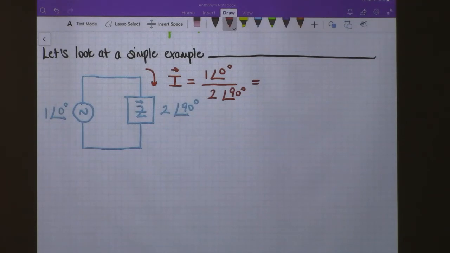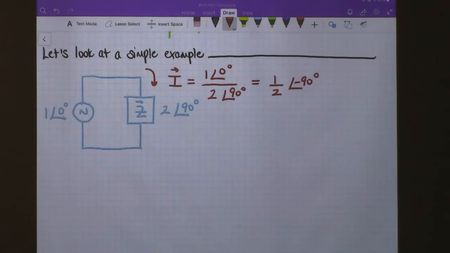Now, in a second, we're going to spend some time talking about how to do the math with these complex numbers. Does anybody know what 1 angle 0 divided by 2 angle 90 equals? Have you worked with complex numbers in any other courses? Okay. Well, the answer is 1/2 with an angle of 90 degrees. And now we'll go back and we'll talk about how you come up with that.